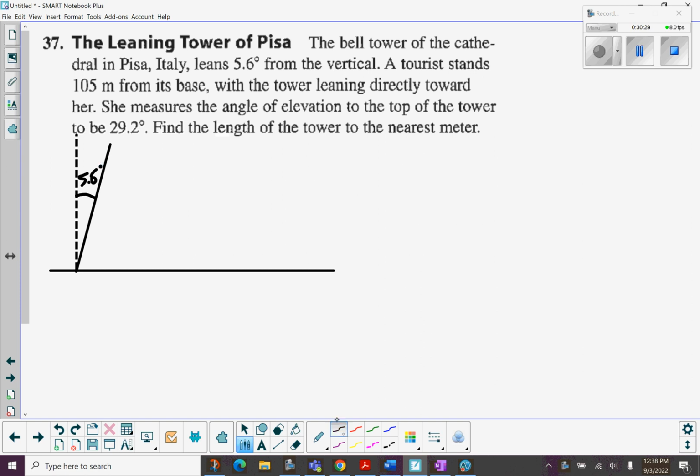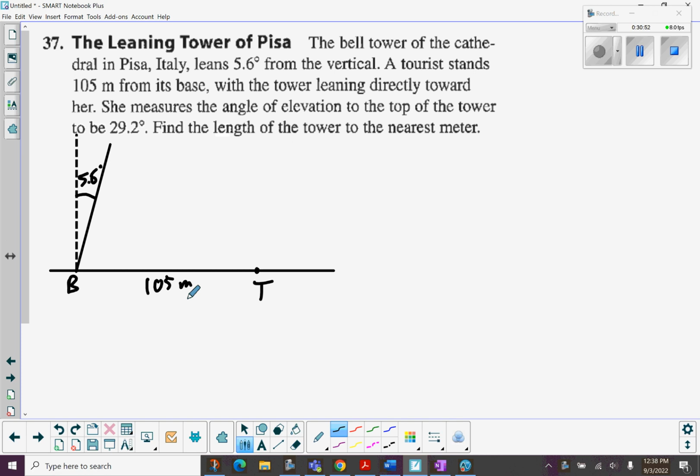I guess this is the base, and then we have a turista over here standing 105 meters from the base, the tower leaning directly toward her.